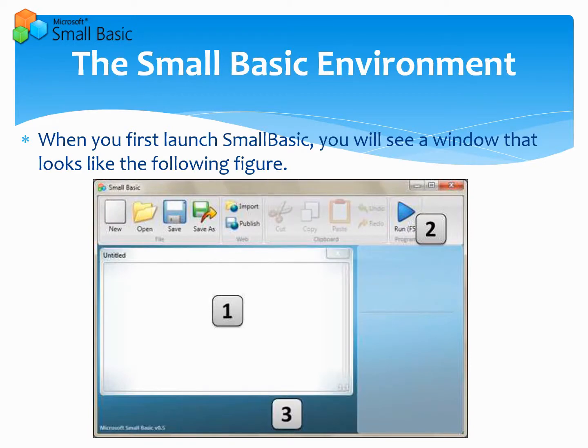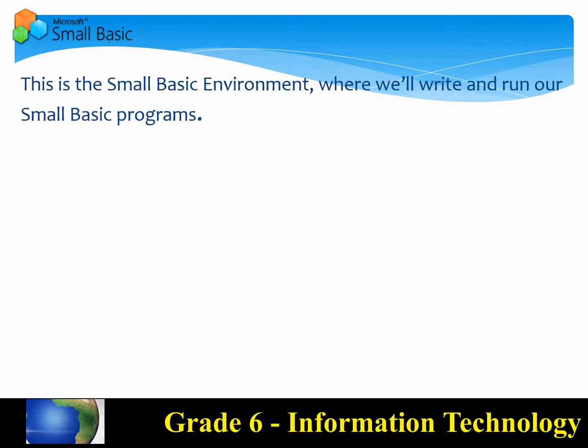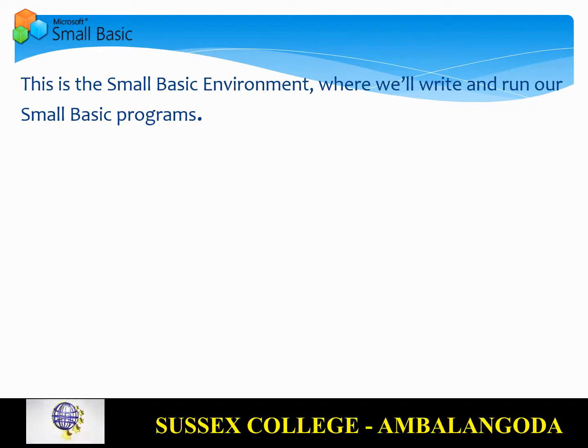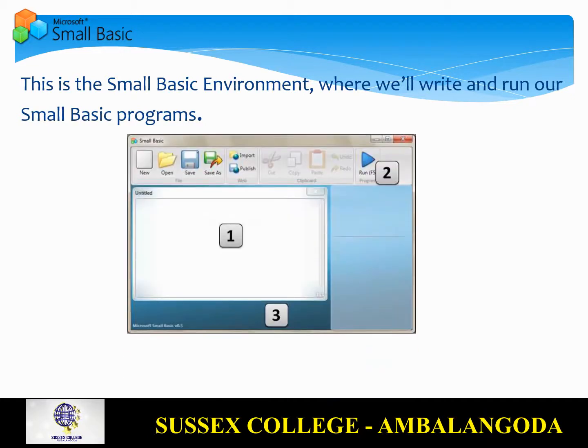You can see Small Basic, and there are several sections. When we want to write a program, you should know this environment to get a clear idea, so we will see these parts one by one again.